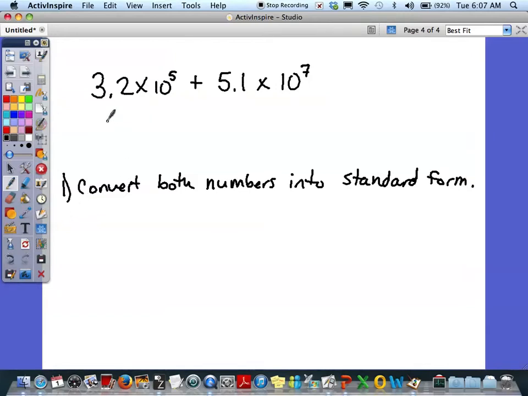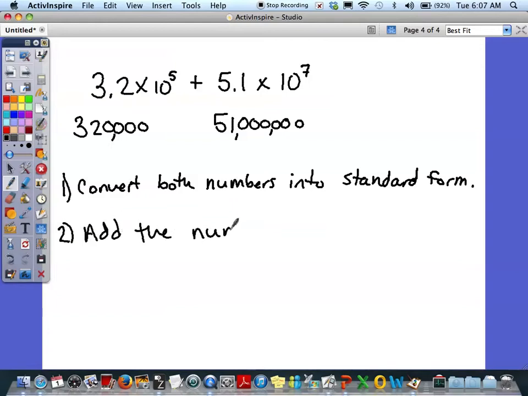And then I'll do that really quick. So convert them both into your regular standard form of a number. In this case, add. This works for addition and subtraction. Add the numbers. So 320,000 plus 51 million.